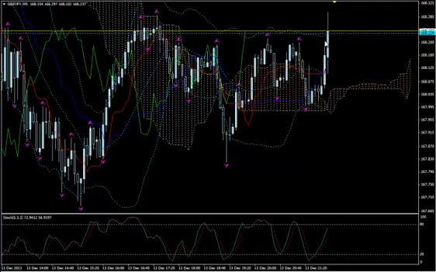This happened already on M5. On M5 we see that we had a strong bullish Kumo breakout, and see how sharp the edge of the leading Kumo is pointing upwards. You can cut your finger on it. Remember that this is a very important criterion for a breakout.